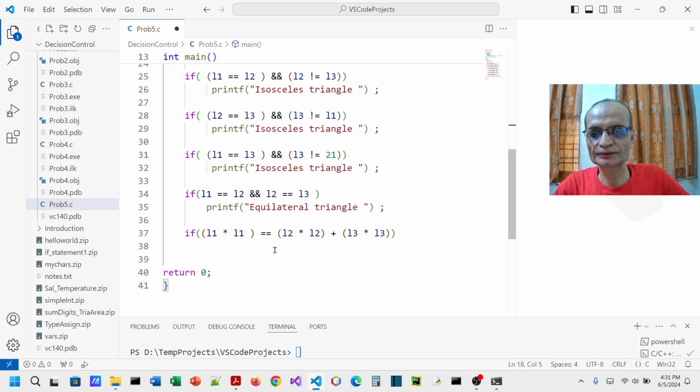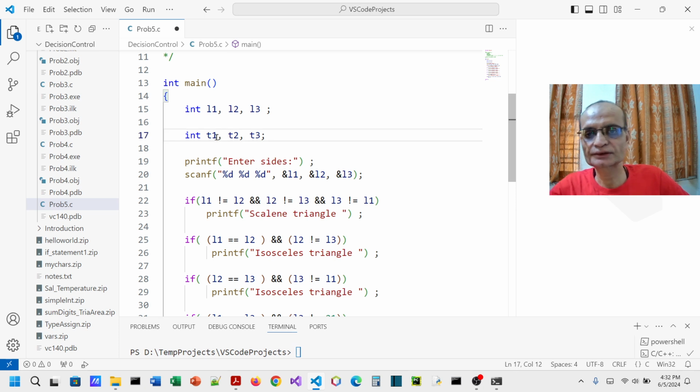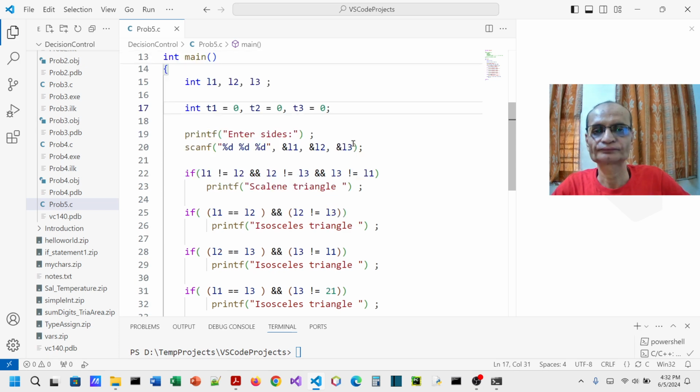So how is it going to help me? So here I will say T1 is equal to 1. What I am doing is, if L1 square, that means if this condition is met, then in that case T1 is equal to 1. So I can initialize this to 0, I can initialize this to 0, and I can initialize this to 0.